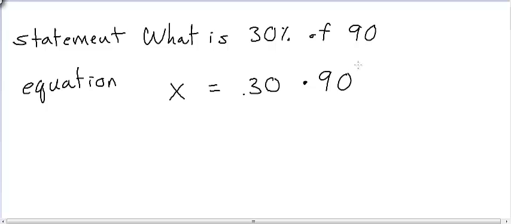So this is really saying, what is 0.3 times 90? And doing that, I'll get x is equal to 27. So we say that 27 is 30% of 90.